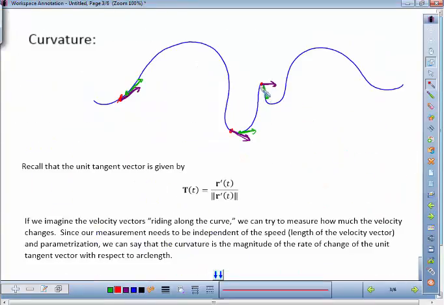Let's take a look at this really tight curve over here, which we would imagine has a large curvature, right? If we take a look at that tight curve, right at that red dot, we could draw a circle that's tangent to that red dot.